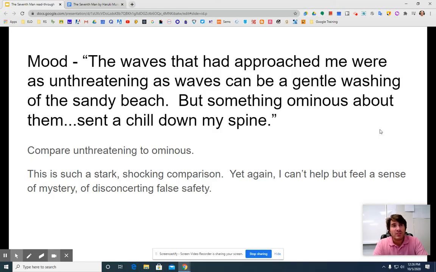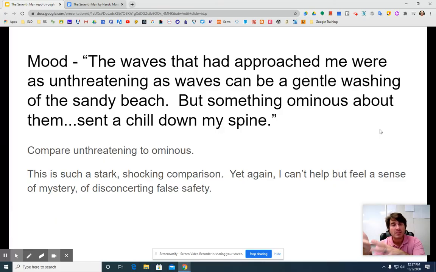I do love this sentence. The waves that had approached me were as unthreatening as waves can be, a gentle washing of the sandy beach. But something ominous about them sent a chill down my spine. These waves are gentle, but we get unthreatening and ominous. These are what we call contradictions. You can't have these two things at the same time. If it's unthreatening, it cannot be ominous.